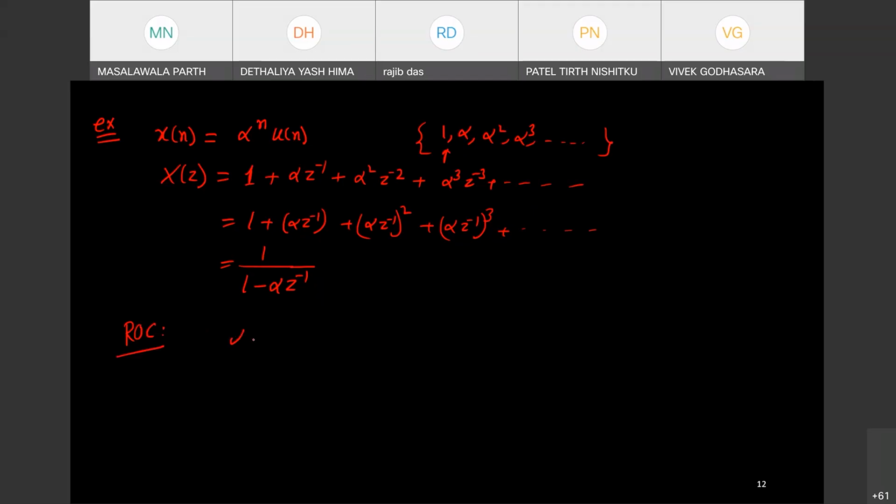This alpha z to the power -1, its magnitude, should be less than 1. Can I say? So is z greater than alpha or less than alpha? Can you conclude?